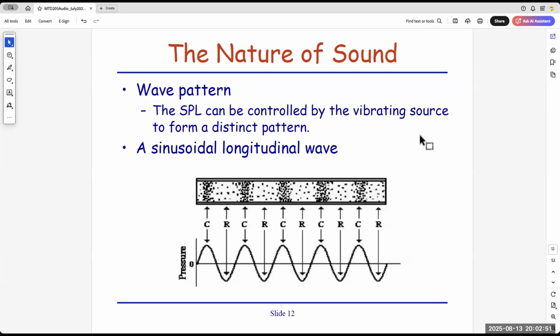So when I raise my voice, it's very loud and the sound pressure level is very high. When I say it softly, the sound pressure level is very weak because the energy transferred to the air particle point by point becomes soft. It reaches you very soft because the vibration hitting the air particle is not strong.